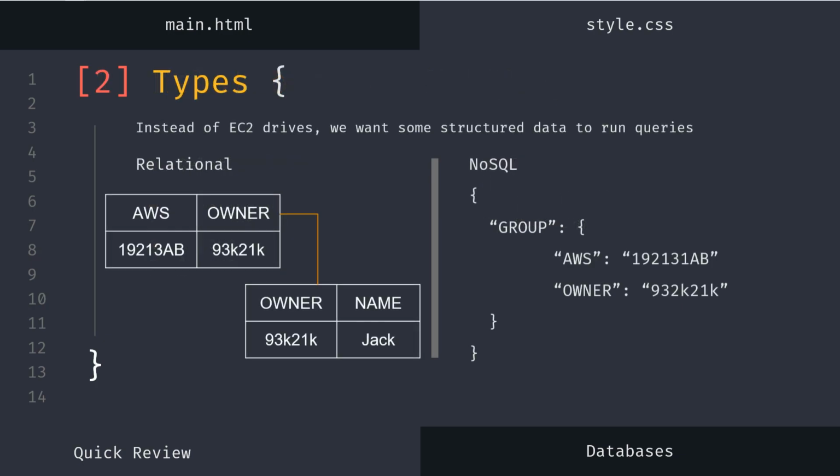Instead of using our EC2 drives, we want structured data to run queries, or even just store the data. On the left, you have two tables where, if you had a column that shared the same values, you could find additional values relating to who the owner is. And for the NoSQL database, I like to think about a JSON structure.